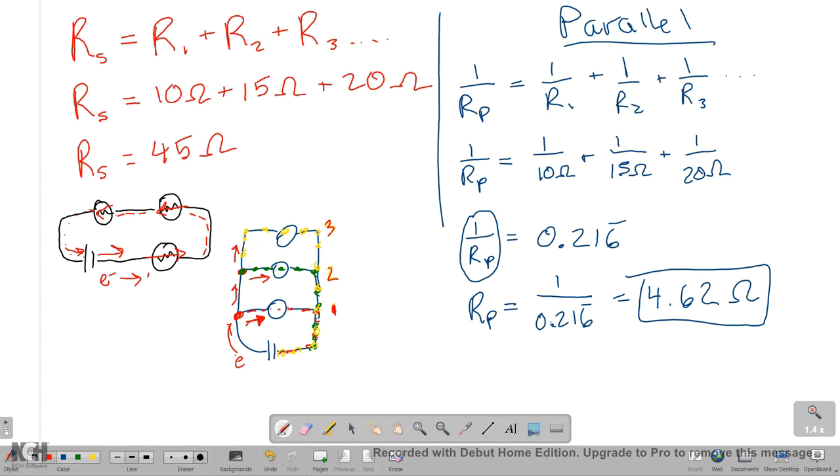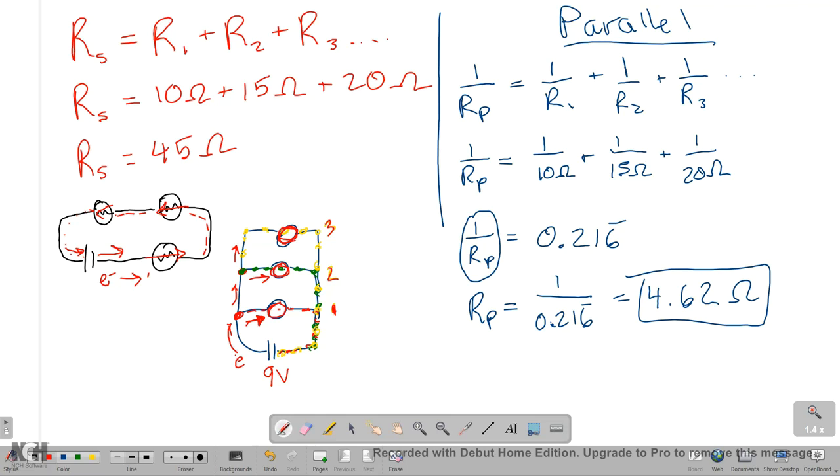And we can think about these as almost individual series circuits, because the electrons that go through branch 1 do not go through the other branches. So if we have a 9-volt battery, that means that at each one of these light bulbs, 1, 2, and 3, we must drop that 9 volts.